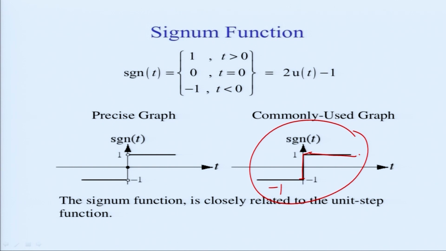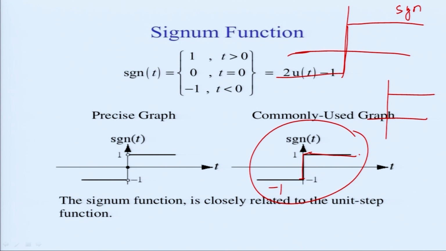Also, suppose we want to write this Signum signal with the help of the unit step signal. How can we write it? This is basically Signum and this is basically step. To represent the Signum function in terms of unit step, just add 1 to the signal.